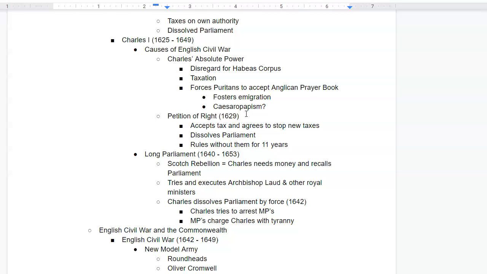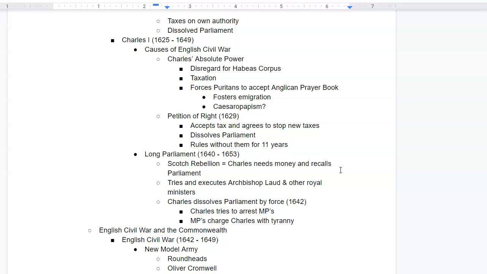But due to a rebellion in Scotland, Charles needed more money to fund a new army to go defend and then attack rebels in Scotland. And so he calls Parliament together, and they won't have anything to do with what he wants. What they start doing is debating all the things he's done that they don't like. And he can't just dissolve them because he needs the money.